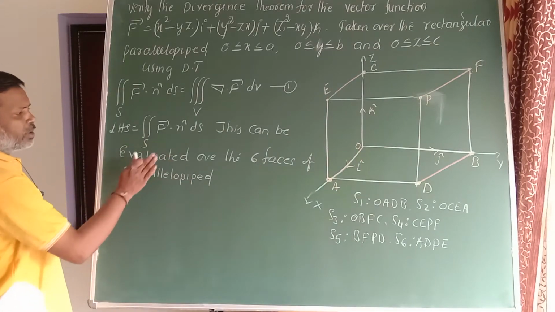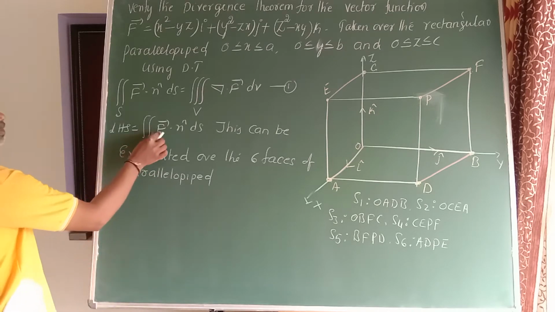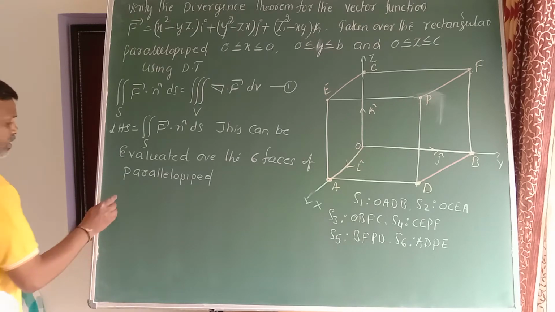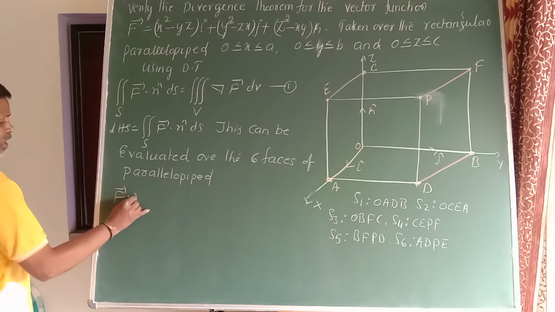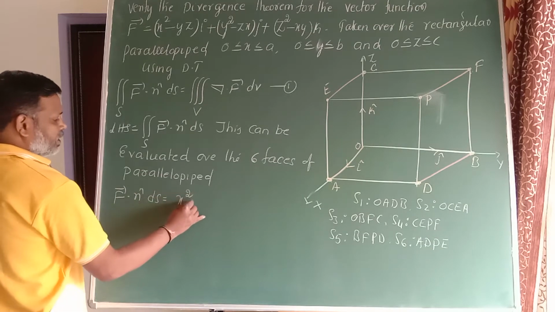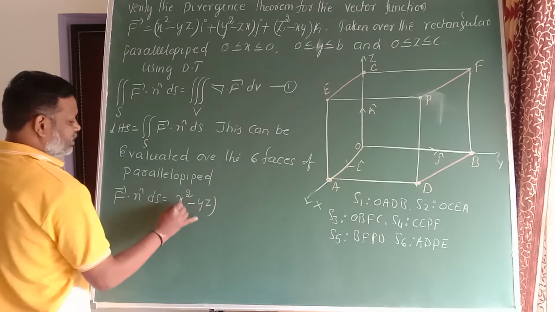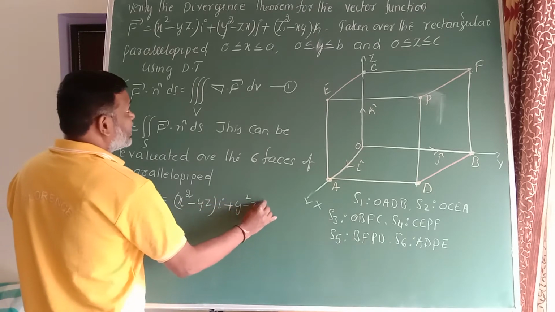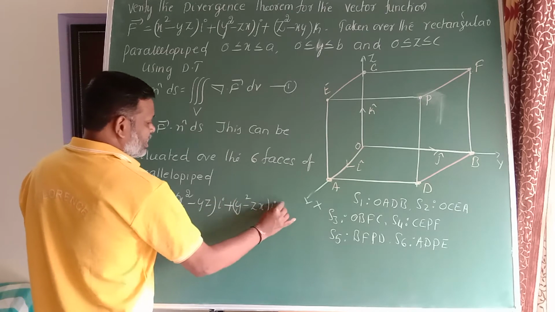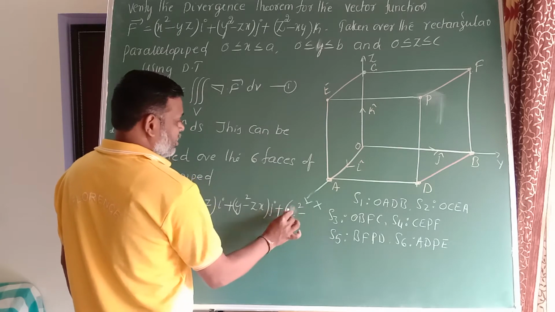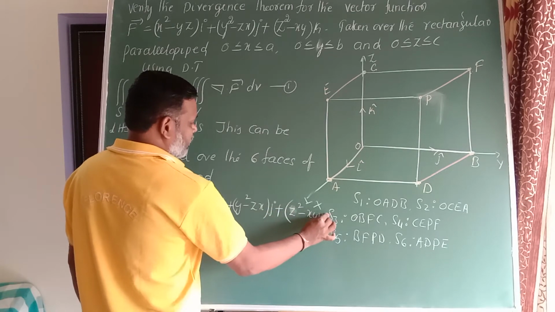We have to evaluate over these six faces. Before going to that, we have to calculate F dot n cap ds. So F dot n cap ds: I can write F here. This is very, very important. F = (x² − yz) i + (y² − zx) j + (z² − xy) k.